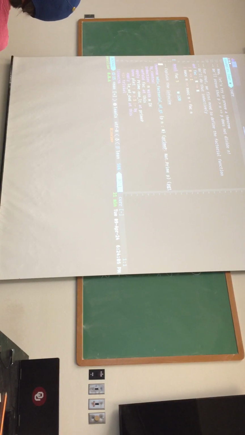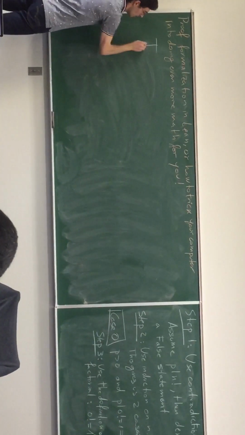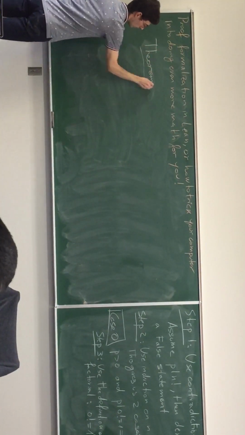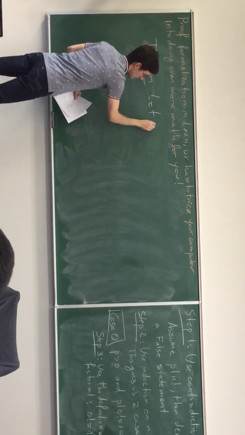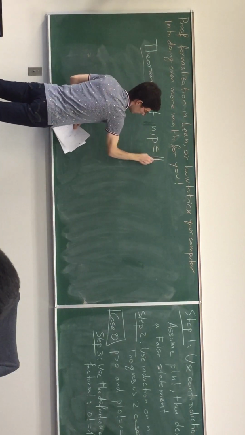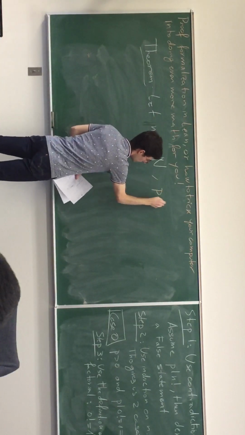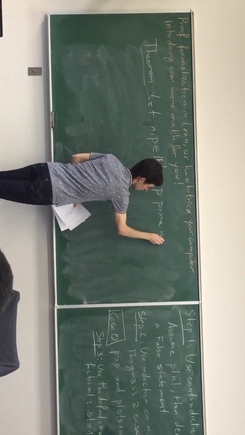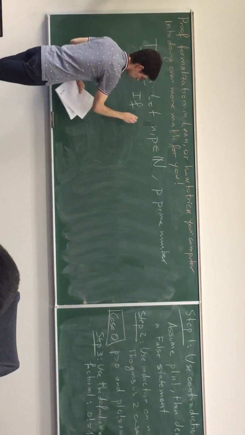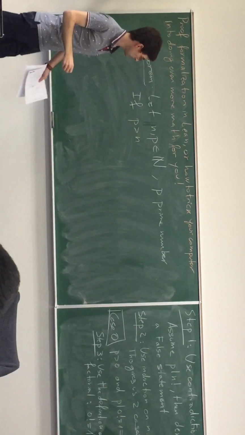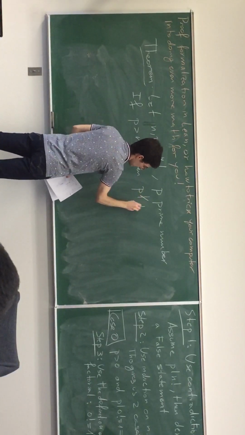Yes, so we'll have the proof of a very simple theorem, okay? So we are going to prove that if n and p are natural numbers, and p is actually a prime number, then if p is greater than n, then p doesn't divide n factorial.